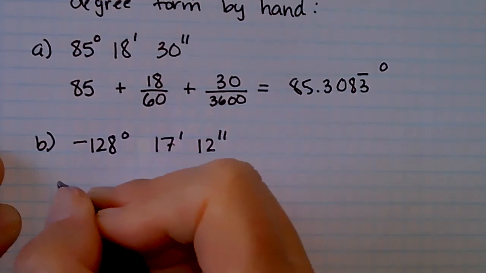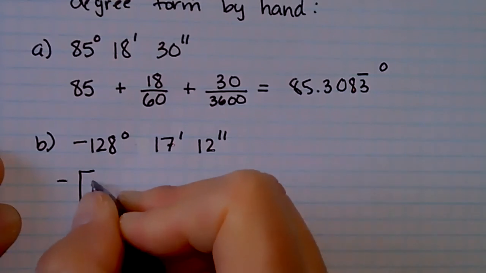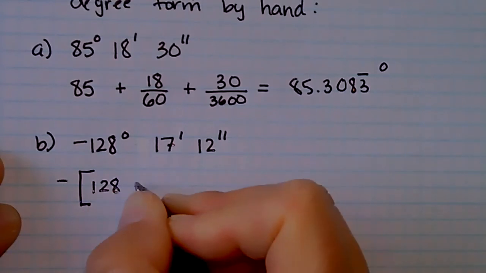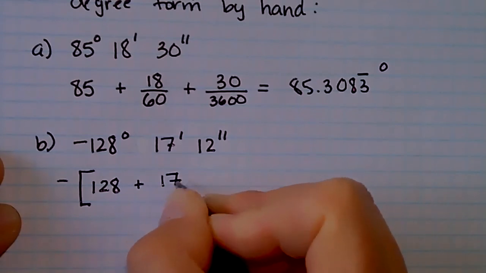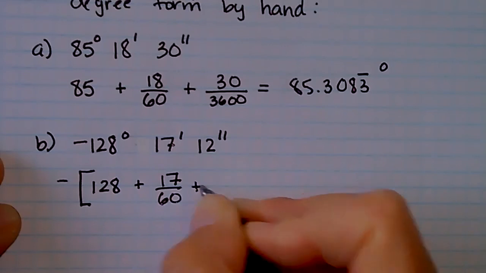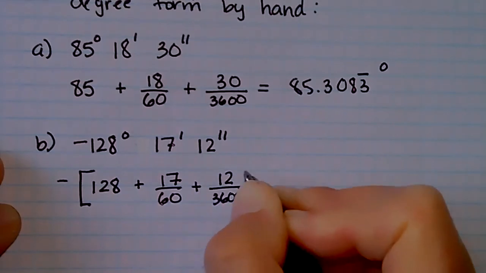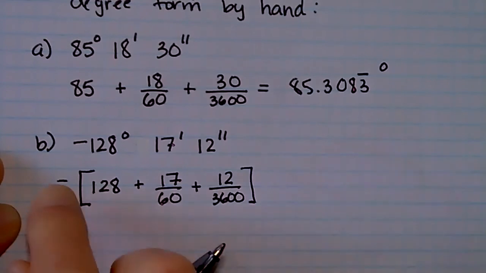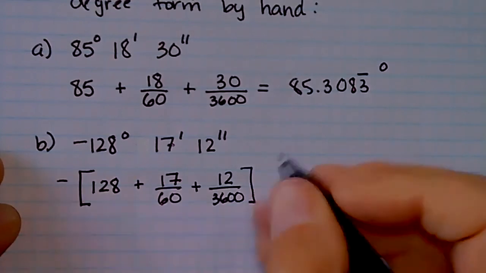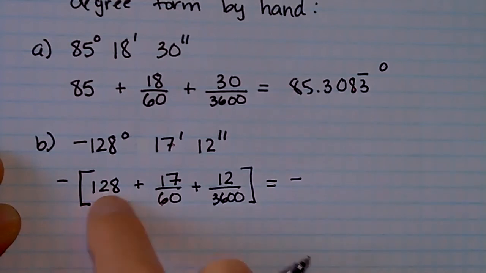So I'm going to put my negative outside of all of this, and I'm going to have 128 plus 17 minutes out of 60 minutes plus 12 seconds out of 3,600 seconds. And again, that negative is going to be outside. The whole thing is going to be negative, but you don't want this to be negative and then write pluses in between. So you want to have that negative outside the whole thing.